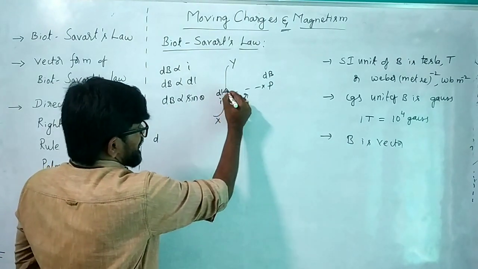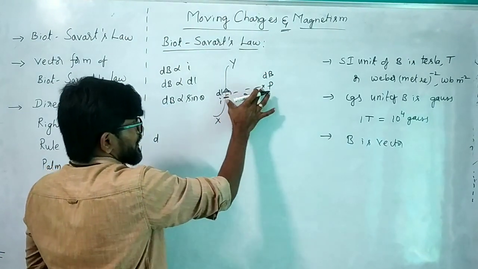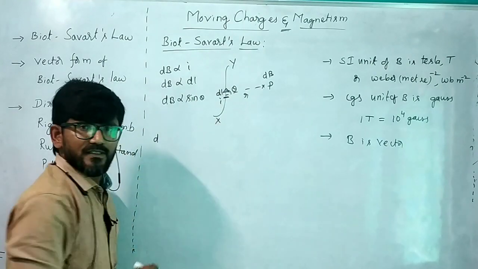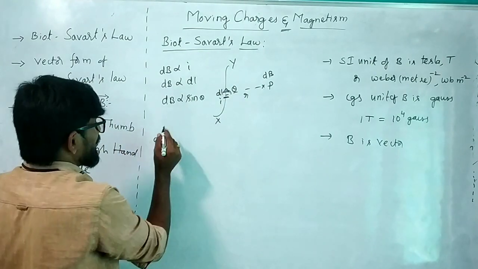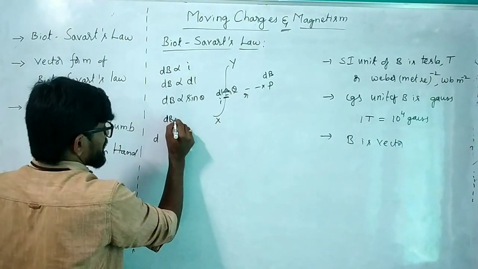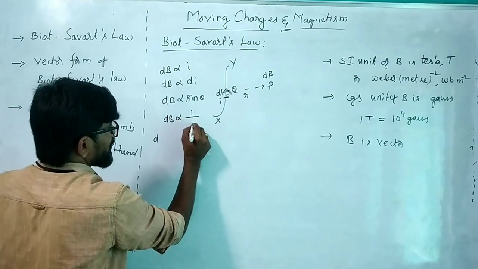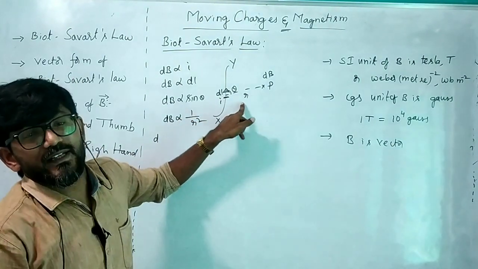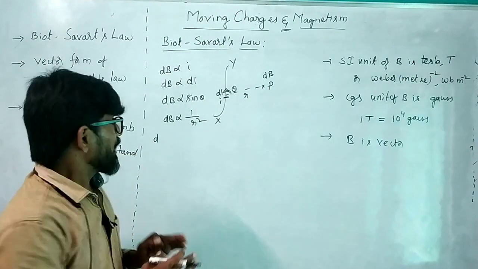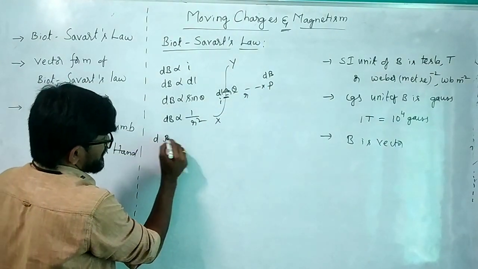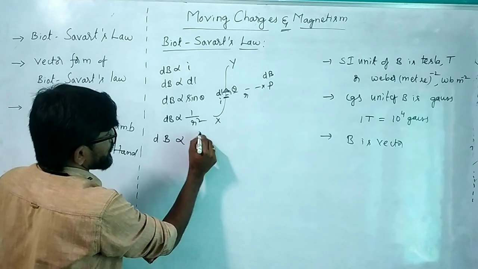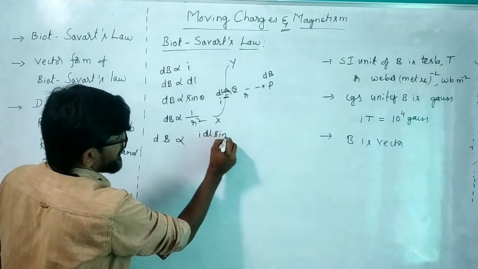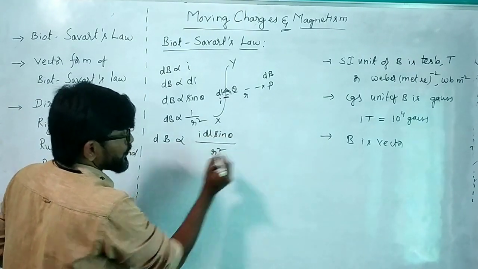This theta is the angle between the line joining the point and the element and the direction of current. This is theta. Is it clear? And it is also observed that dB is proportional to 1 by r square, or inversely proportional to the square of the distance between the point and the element. By combining all these, we can write dB proportional to I dl sine theta by r square.